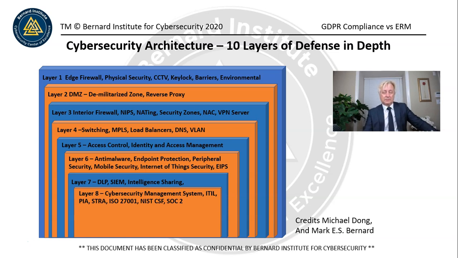ITIL is the best approach that I've seen, the best standard for ICT or for IT or for IMIT. If you don't have procedures and standards or policies around things like change management or configuration management or incident or problem management, ITIL is a great place to start.